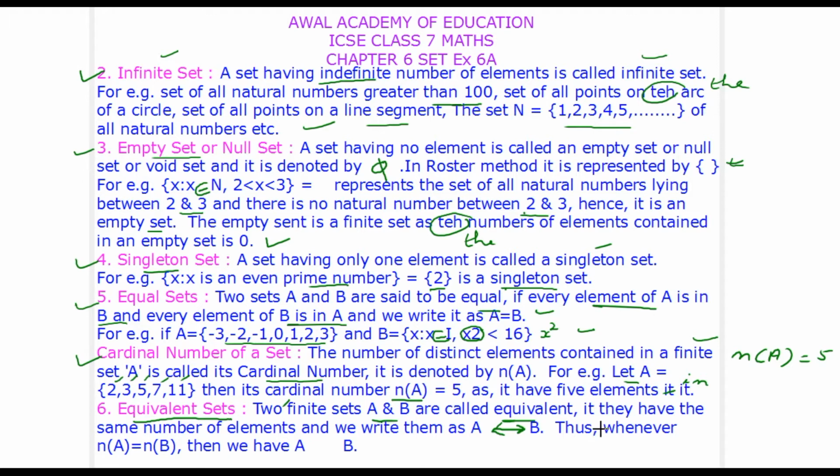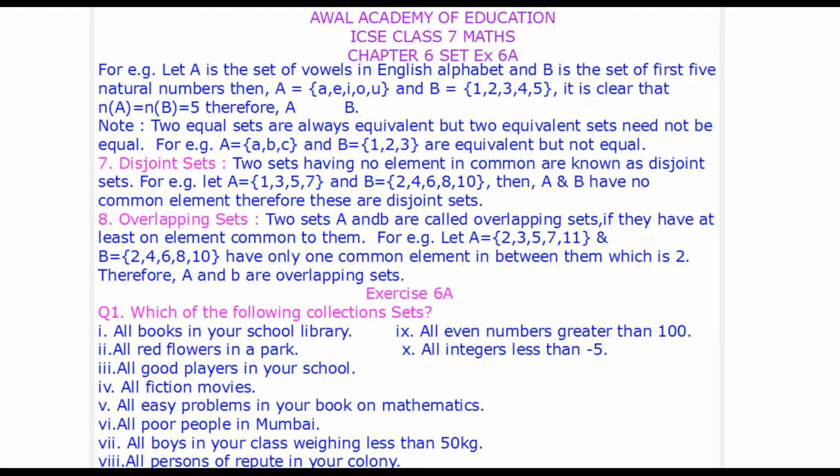Thus, whenever the cardinal numbers of two sets are equal, then they are also equivalent sets, right? So next is, an example of equivalent sets.